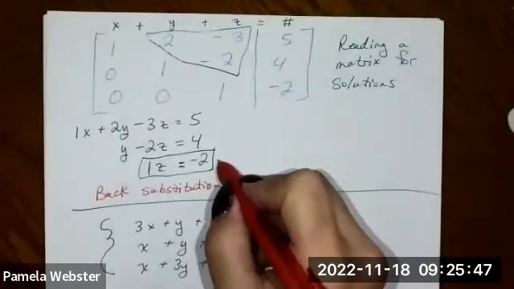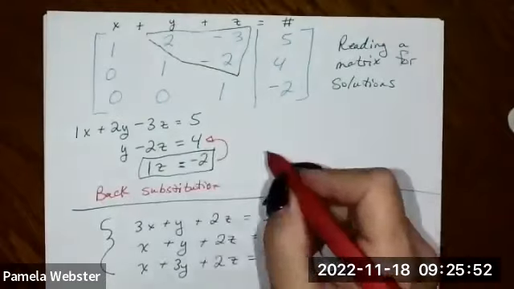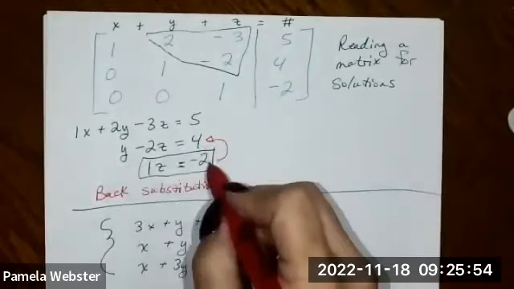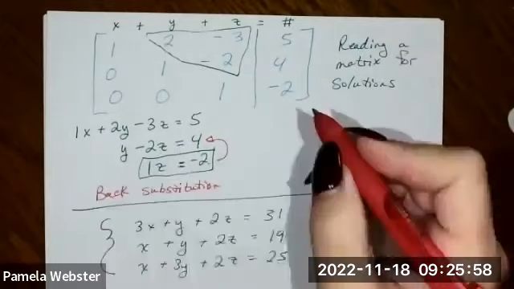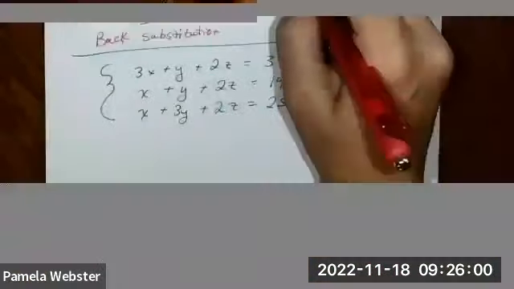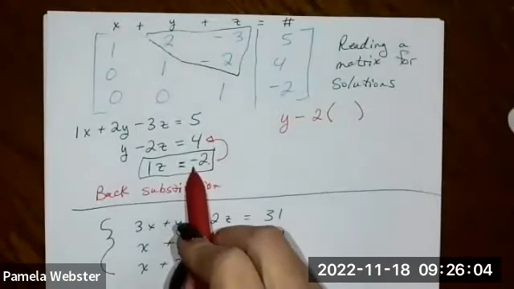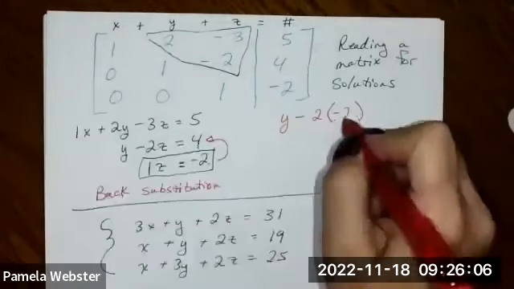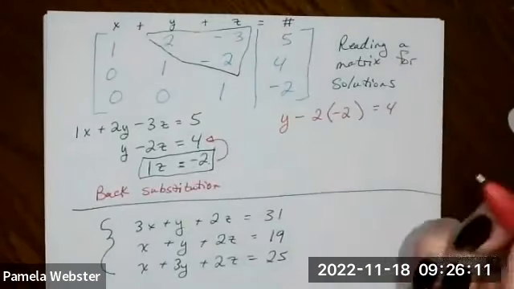So where I always go is just the guy right before it, okay? So whenever I substitute -2 for z, I'm going to have this equation, y minus 2 times, my z is now worth a -2, equals 4, okay? And then I'm just going to solve that.